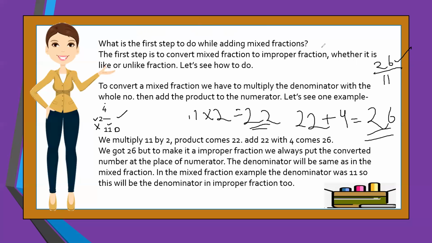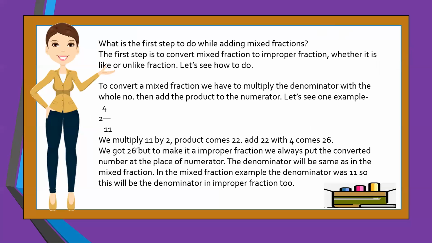If we learn how to add improper fractions or normal fractions, then from here after the conversion the same process applies. We got 26, and to make it an improper fraction, we always put the converted number at the place of numerator.